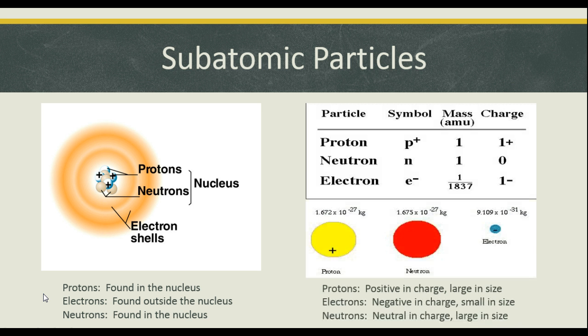When we investigate further, we could see that the charge of a proton is positive, the charge of a neutron is neutral, and the charge of the electron is negative. When we look at their size, proton and neutrons are relatively the same size, where the electrons are much, much, much smaller.